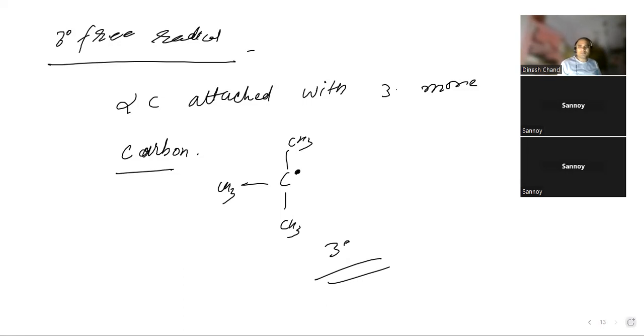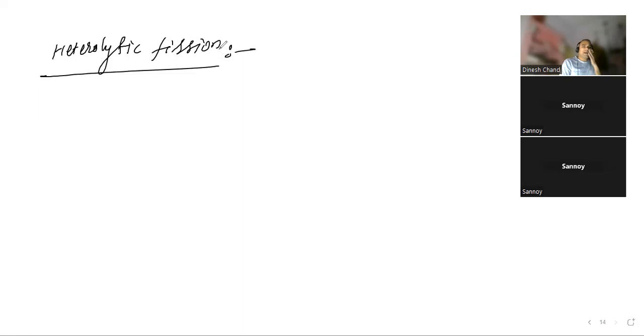Now, heterolytic fission. Whenever you are talking about heterolytic fission of the covalent bond, what are you going to have in this case? Suppose I am taking CH3-H.